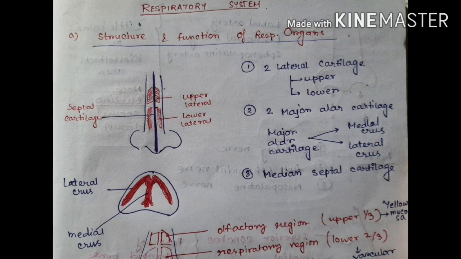We can see there are 2 lateral cartilages, upper and lower, 2 major alar cartilages which are divided into the medial crus and lateral crus, and the fifth one is the medial septal cartilage. Here I have tried to picturize the exact location of the cartilages in the external nose, which you may note down.